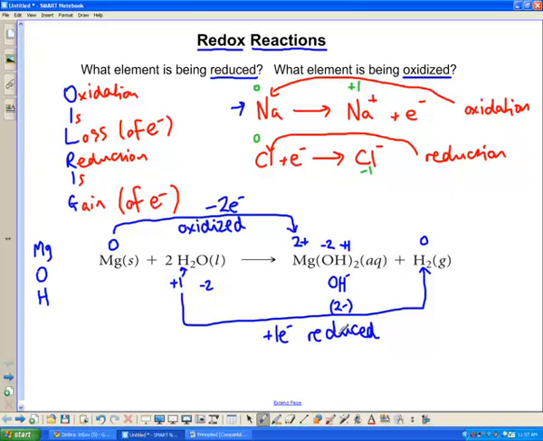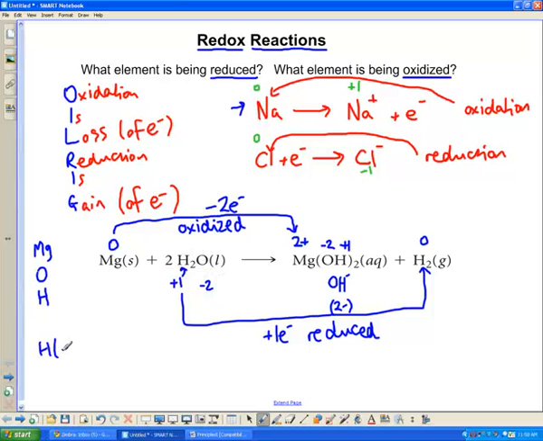Alright? One thing to always make sure you understand is that you have oxidation and reduction happening in the same equation. You can't have oxidation happening twice or reduction happening twice. So, if we ask ourselves, what species is being reduced? Well, the species being reduced is the water. Specifically, the element being reduced is the hydrogen.